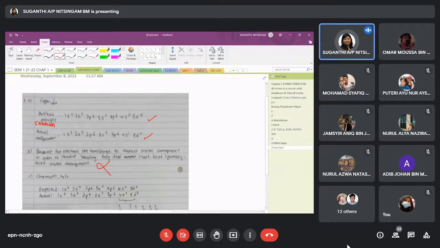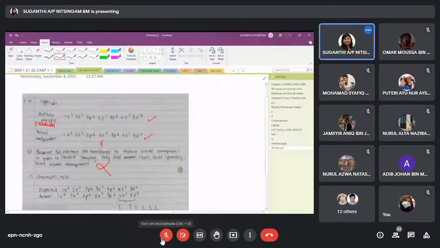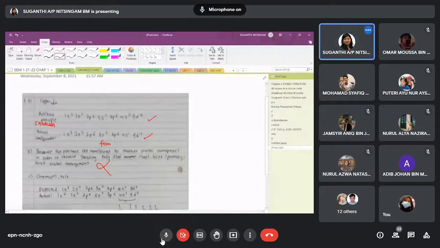You kena sebut secara spesifik. You cannot talk atas angin. You're talking about this, you have to say electrons are transferred from mana? From 4S. 4S to 3D. Okay.